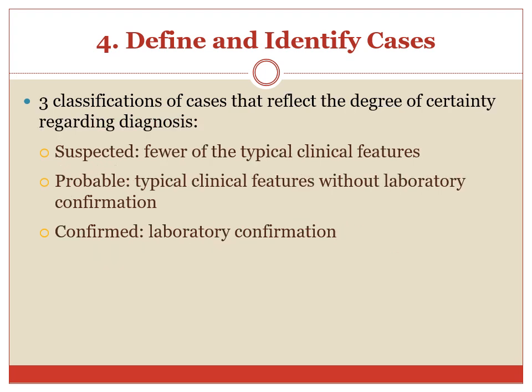We have 3 classifications of cases, depending on how certain we are about the diagnosis. It could be a suspected case, meaning that there are some typical clinical features, but not all. It could be a probable case, meaning that there are typical clinical features, but you have not had lab confirmation yet. Or it could be a confirmed case if you have laboratory confirmation.